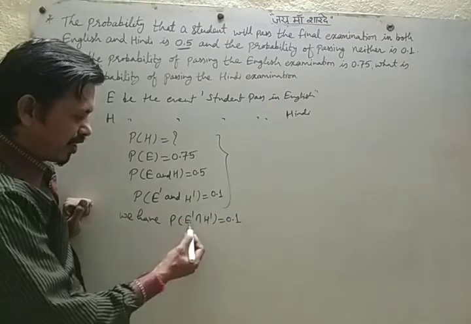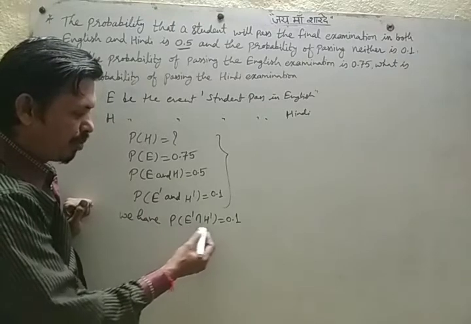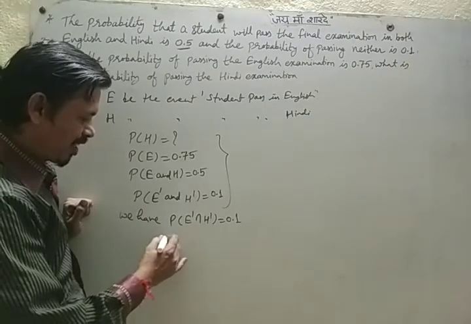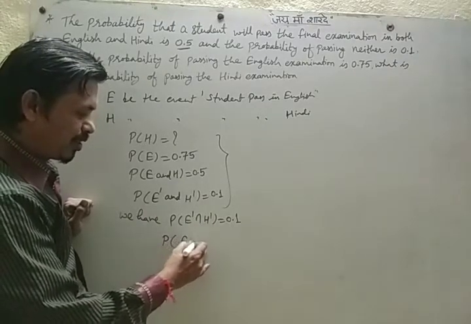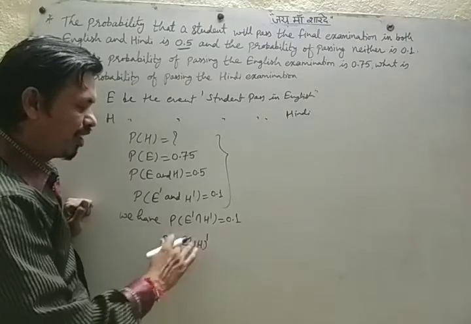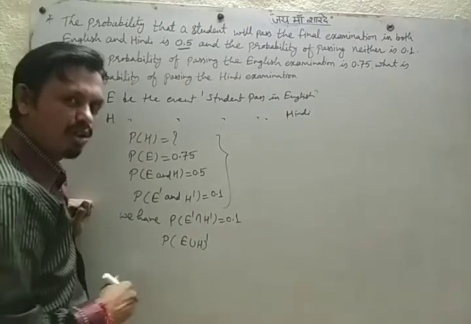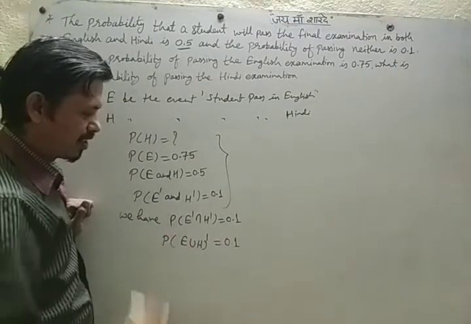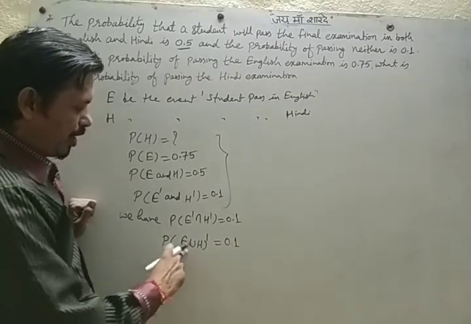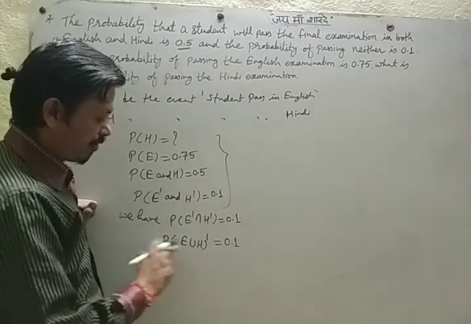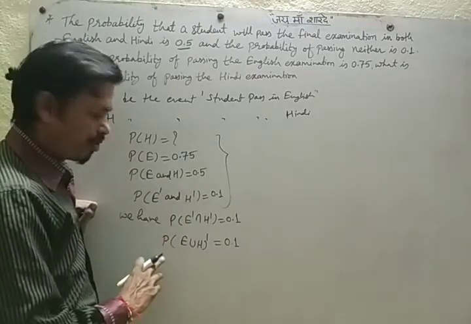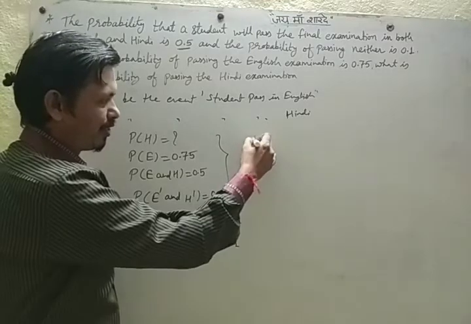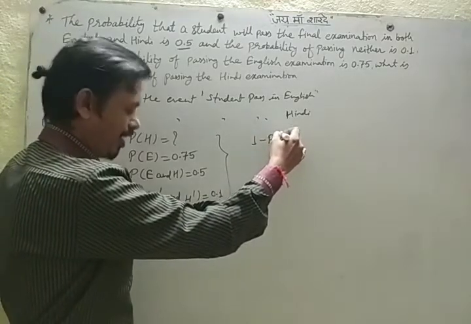Okay? Then the intersection of complements of two sets we can write as the complement of their union by De Morgan's law. Okay? So this can be written like this. Now, probability of not A is 1 minus probability of A.